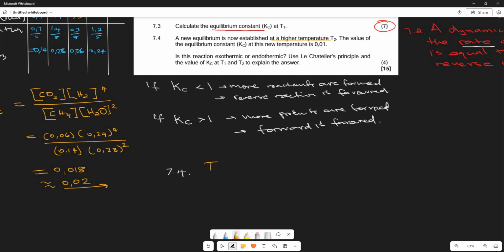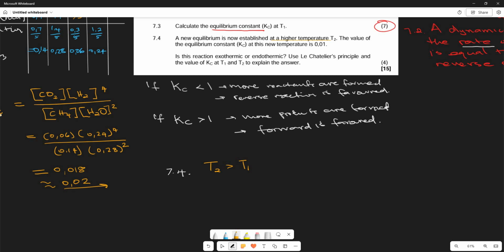So T2 has a higher temperature than T1. So a higher temperature is associated with endothermic reaction. So we can see there a higher temperature favors an endothermic reaction.